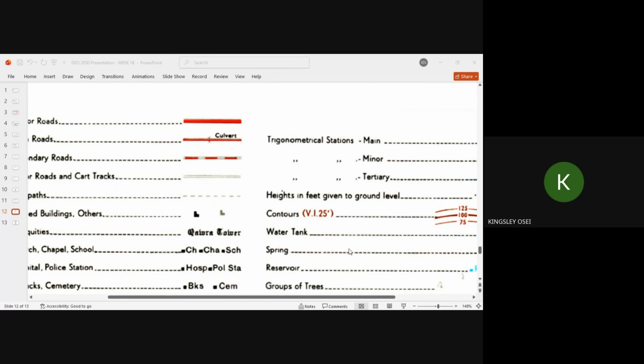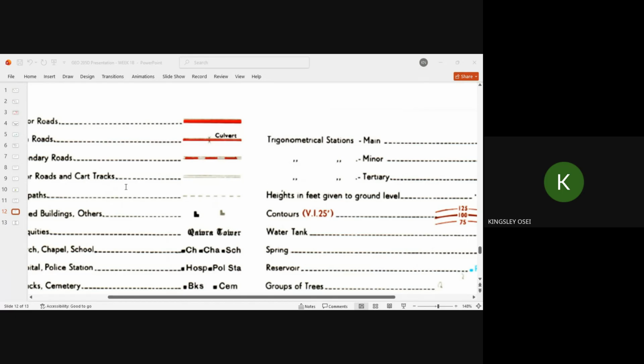So map symbols are drawings, anything representative. You can use color and all those things. But when it comes to conventional signs, we are looking at a selection of some of these symbols that are worldwide acclaimed, understood and used, and we also follow by applying them to our maps generally. That is worth noting and very critical for us to understand.